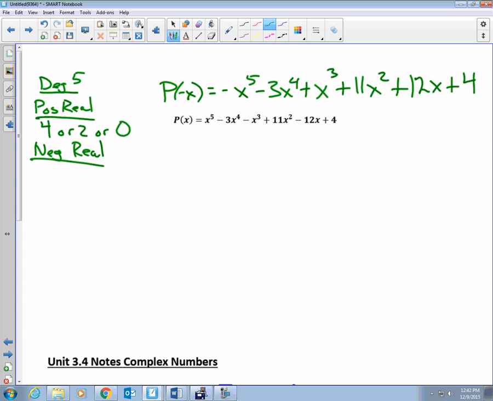All right, how many sign changes? 1, so we have 1 negative real. And you can't go down by a factor of 2, so you're guaranteed that there is 1 negative.